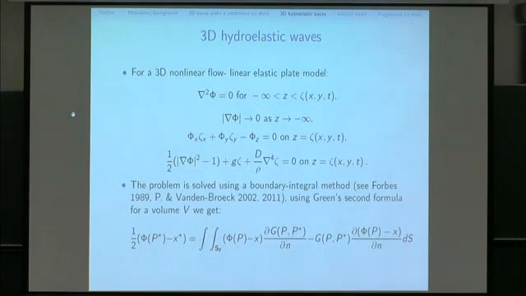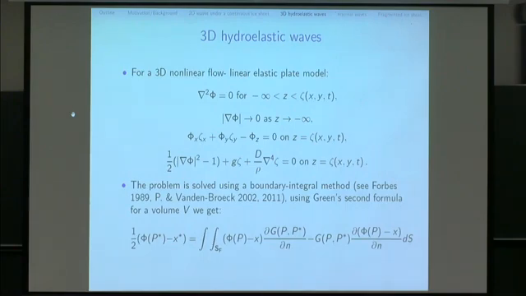Now this is a 2D elastic plate, so we try again to see what happens if we look at the full three-dimensional problem. Initially we started with a simpler model. Instead of having these complicated elastic terms, we use a bi-Laplacian, so we use a nonlinear flow and an elastic plate model.